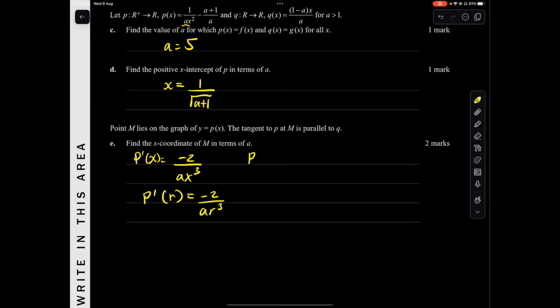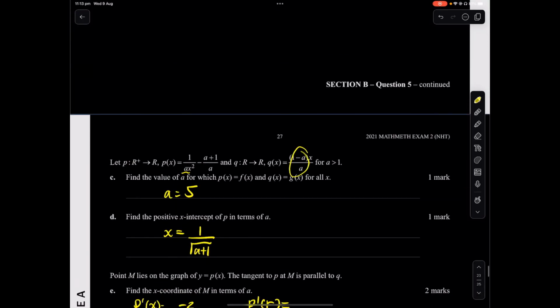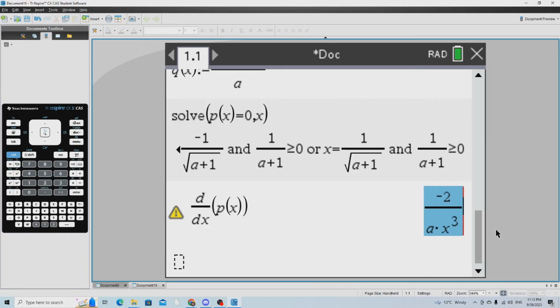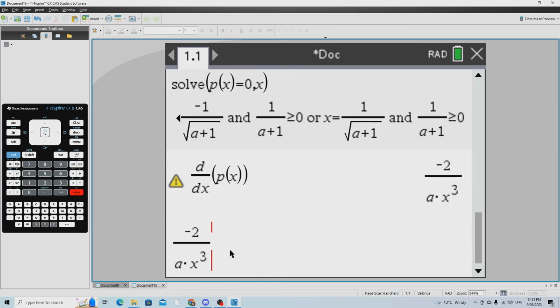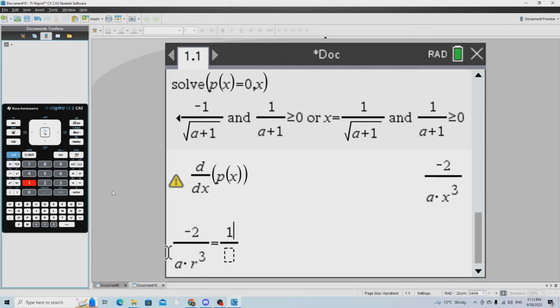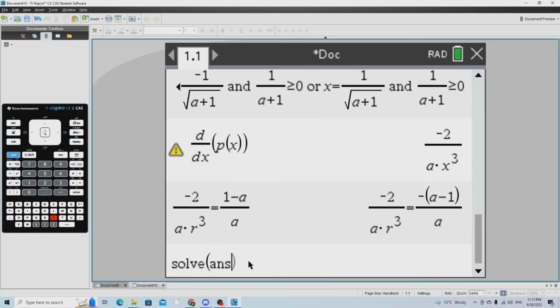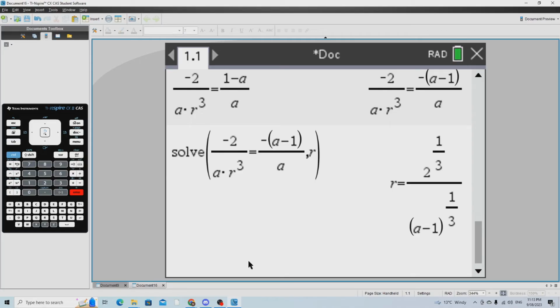And we know that P dash of r must equal, because it's parallel to Q, and Q is this gradient over here, 1 minus a over a. So r is your x coordinate. Let's type it as r equals 1 minus a over a, solve, and we got r is this, which is your x value.